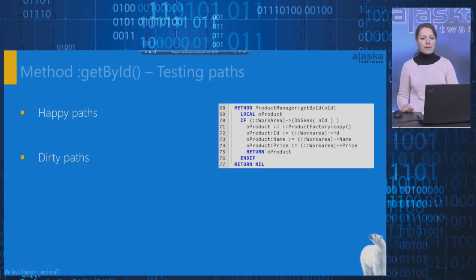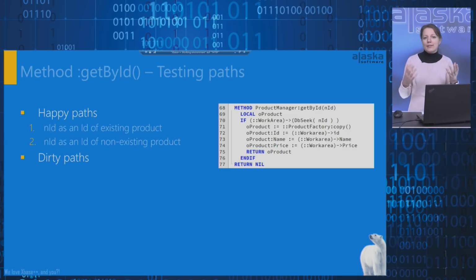So, happy paths. The first one is when the input parameter ID is an ID of an existing product. The next happy path is when the input parameter ID is an ID of a non-existing product. It's a normal situation. Here we can search different products and sometimes they don't exist in the table.